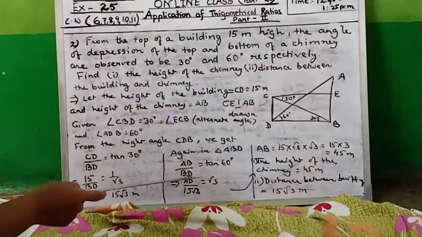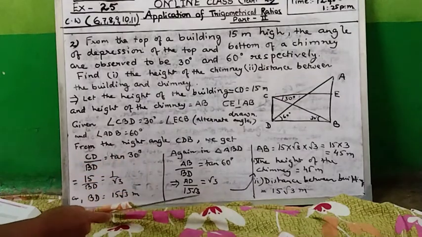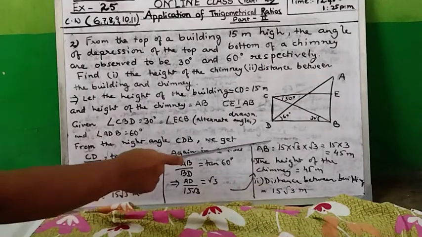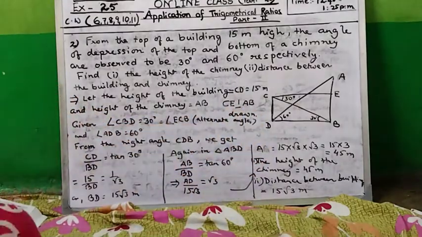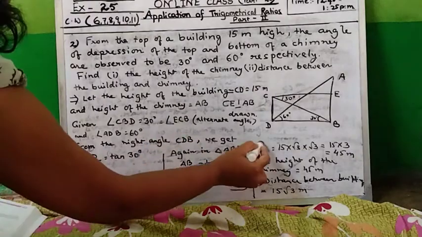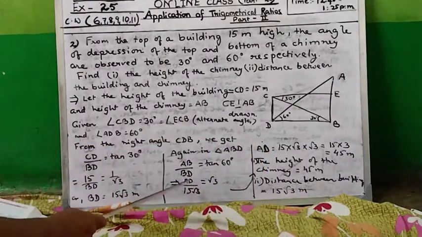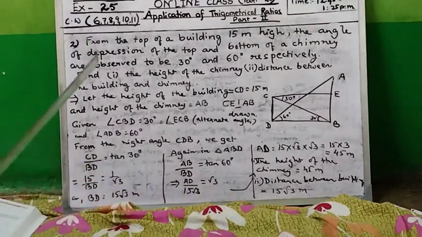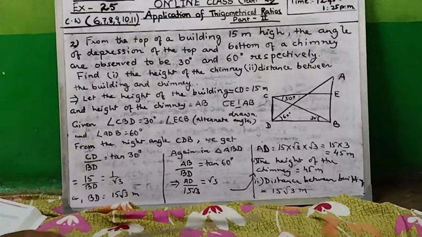So AB by BD is equal to tan 60, that is equal to root 3. We know BD is equal to 15 root 3. So AB is equal to, I have mistakenly written AD, AB is equal to 15 into root 3 into root 3. Root 3 into root 3 is equal to 3. 15 into 3 is equal to 45 meters.